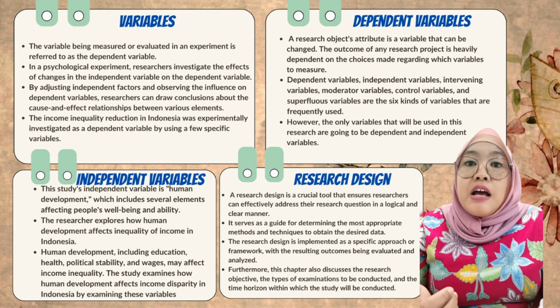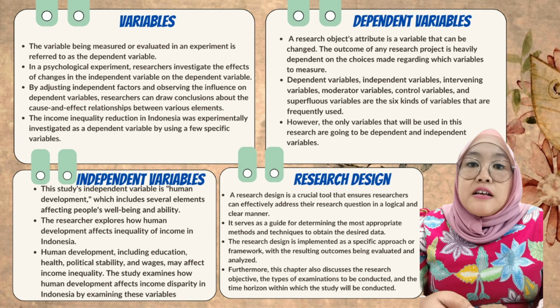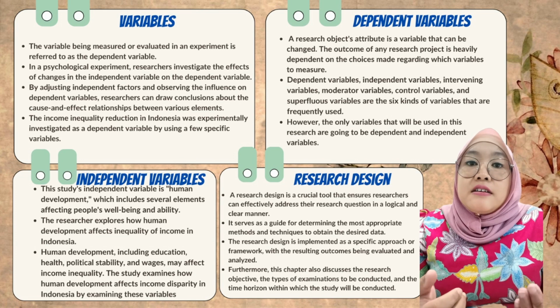The study examined how human development affects income disparity in Indonesia by examining these variables. In such cases, researchers may explore other independent variables that could have a more substantial impact on the research outcome to achieve more accurate results.